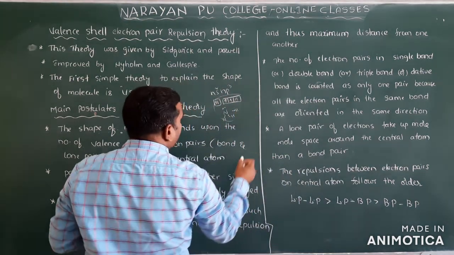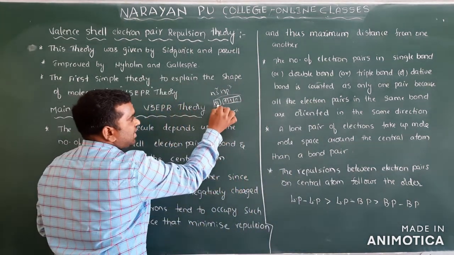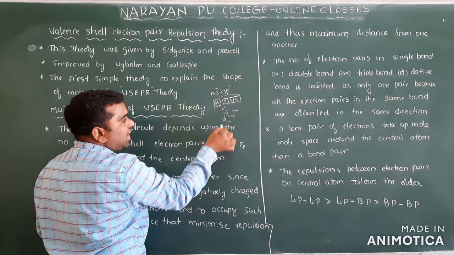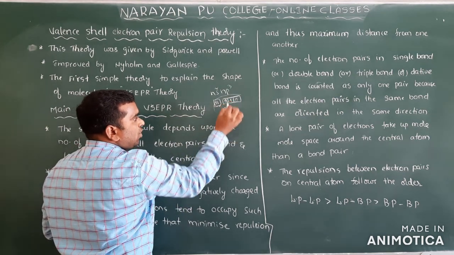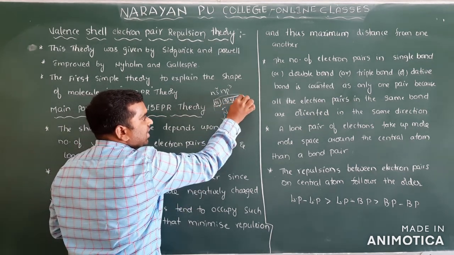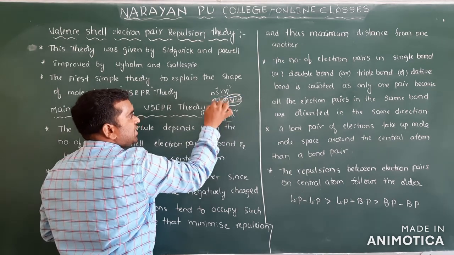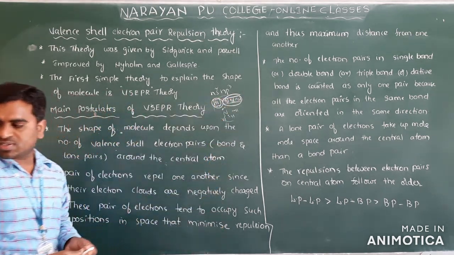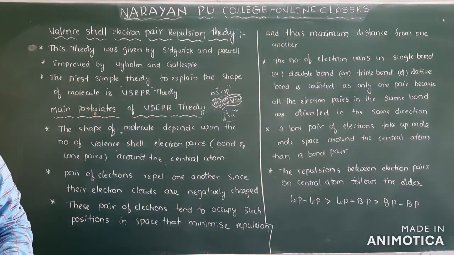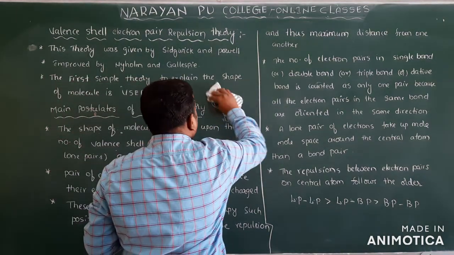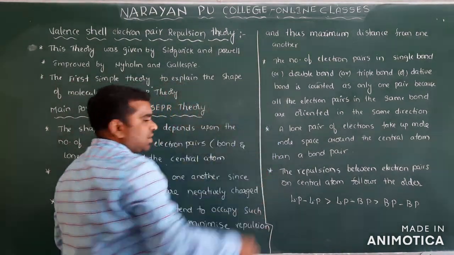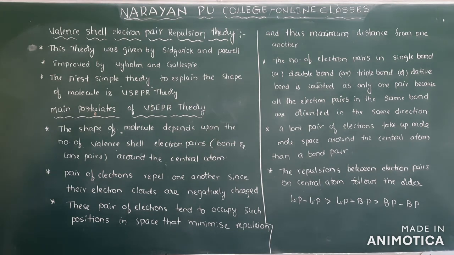Ammonia formation takes place, and here this is a lone pair on the ammonia. One hydrogen will give 1 electron, another hydrogen will give another electron here. These are bond pairs and this is the lone pair. So that's why it depends upon the number of bond pairs and the number of lone pairs around the central atom.